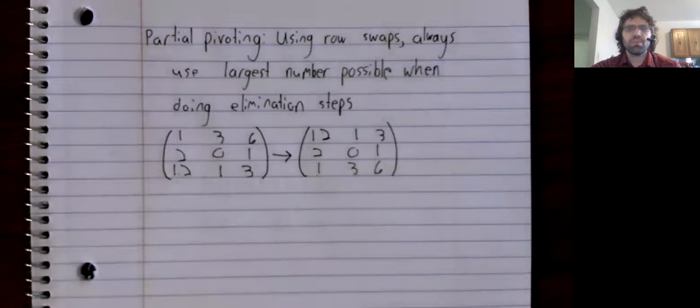Even with partial pivoting, Gaussian elimination is technically a bad algorithm in the sense that it is possible to create pathological matrices where the process doesn't work well numerically.